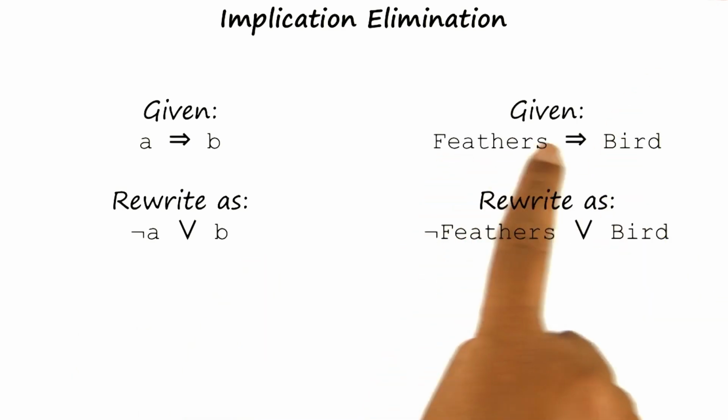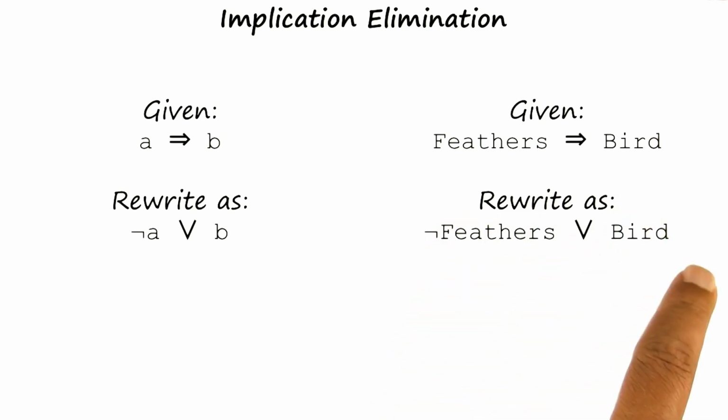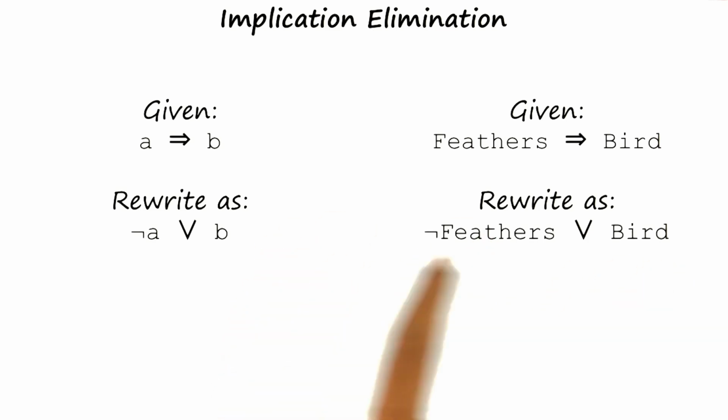Supposing that we're given feathers implies bird, then we can rewrite this as not feathers or bird. And intuitively you can see the truth value of this. It is either that the animal does not have feathers or it is a bird. In a little bit we will see that this is an important rewrite rule in doing certain kinds of logical proofs.